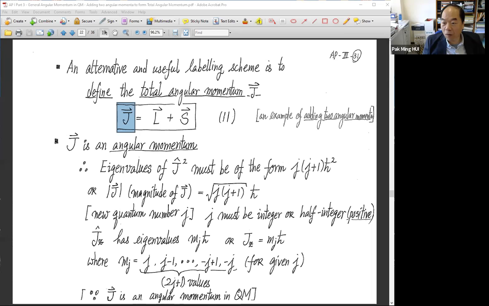Therefore, in equation 11, we are adding two vector angular momenta into a total vector angular momentum. So that must be made very clear. About the quantum number of this capital J, that will come next.